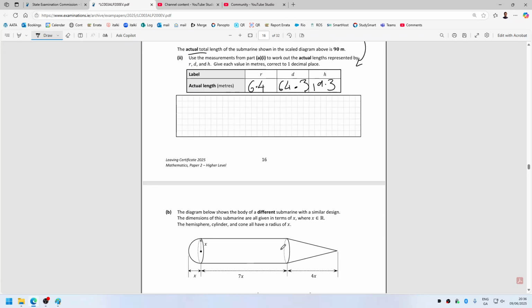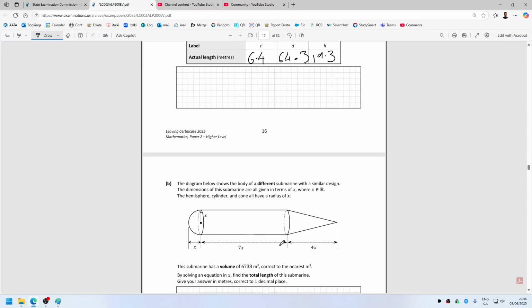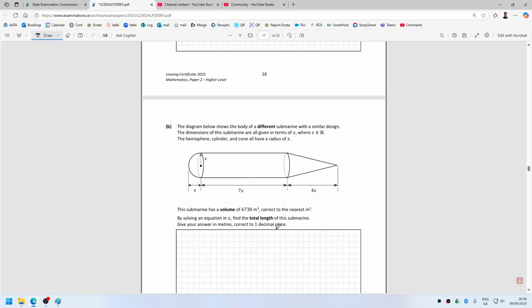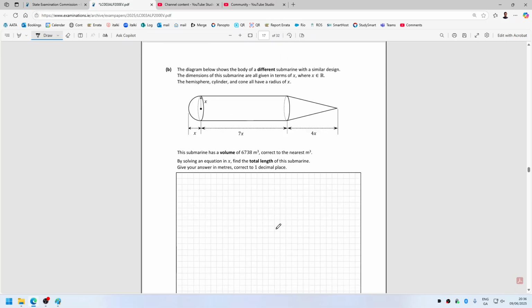Okay. The diagram below shows the body of a different sub with similar design. The dimensions are all given in terms of x. The volume is that. By solving, find the total length. Okay, so the volume. So 2 over 3 pi x squared plus pi x squared 7x plus 1/3 pi x squared 4x.